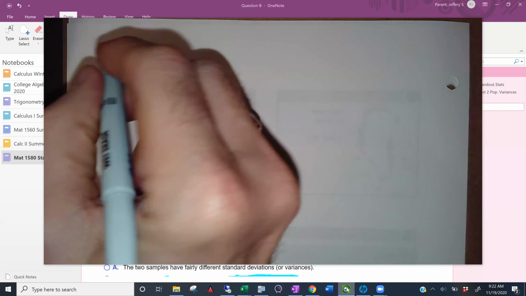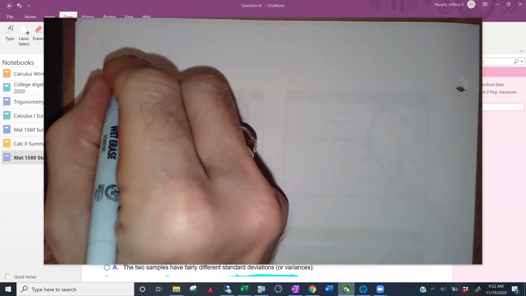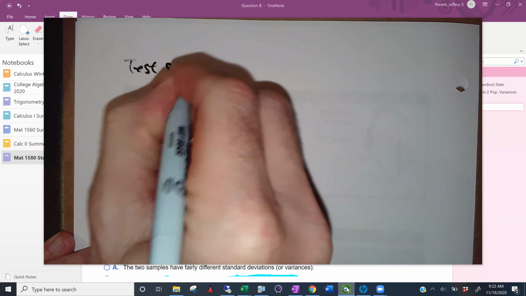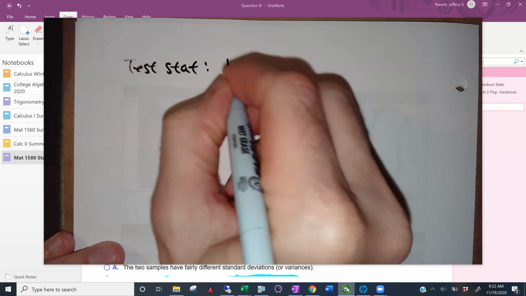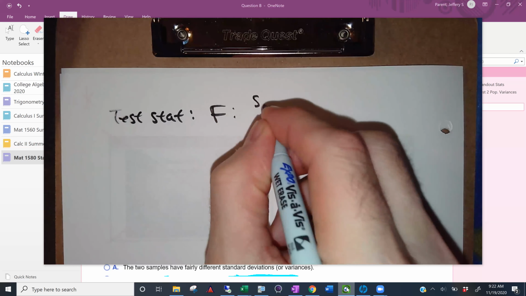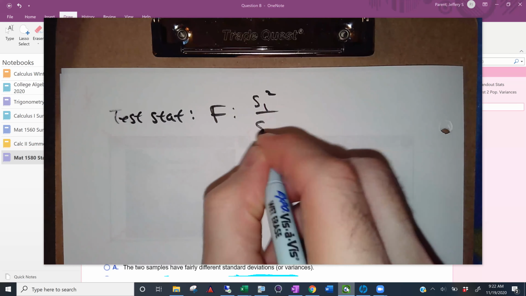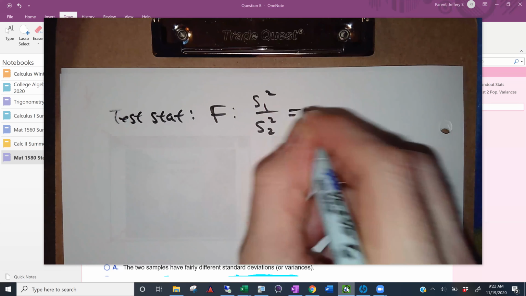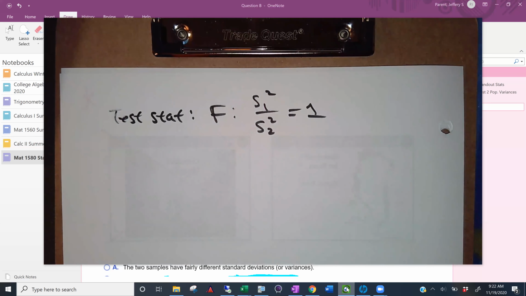Back up a little bit. So our test statistic is F. It's an F statistic, which is going to be the ratio of the variances. And we're told that that ratio is 1.